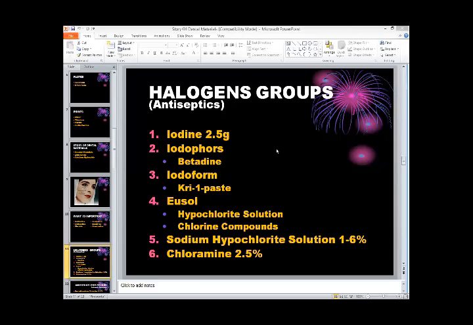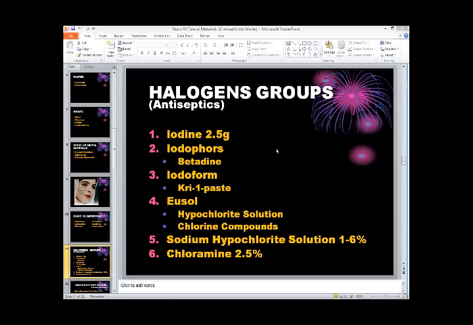But if we use them to disinfect some clothes or paper-made things, there will be discoloration. If we are disinfecting instruments using this iodine or halogen group, the instruments may be stained.